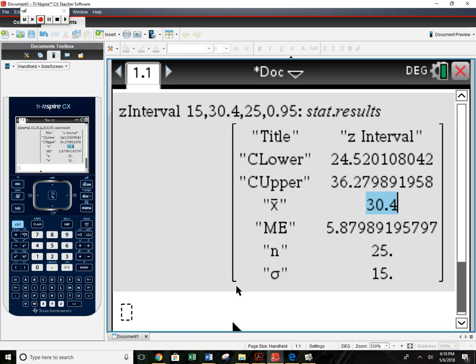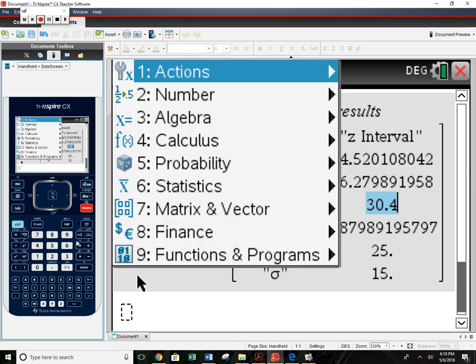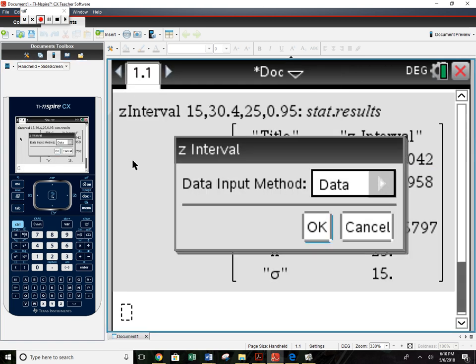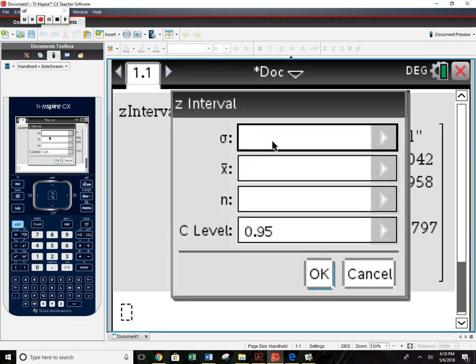Let's go menu 6. We're going to do a z-test. We're going to run the stats ourselves. Okay, sigma was 15. X bar was 30.4. Now our sample is 69.